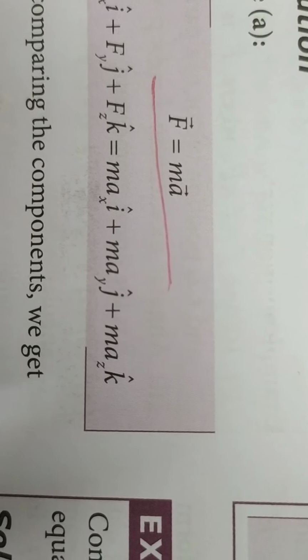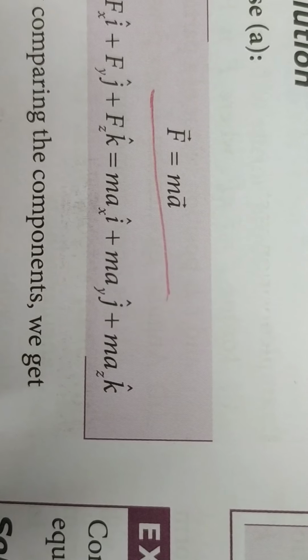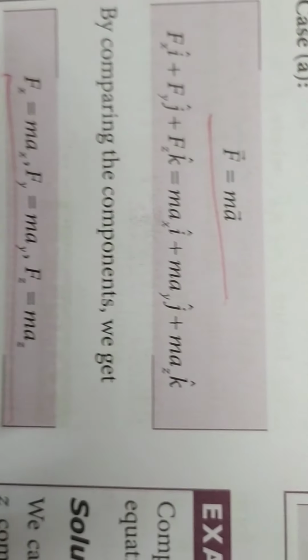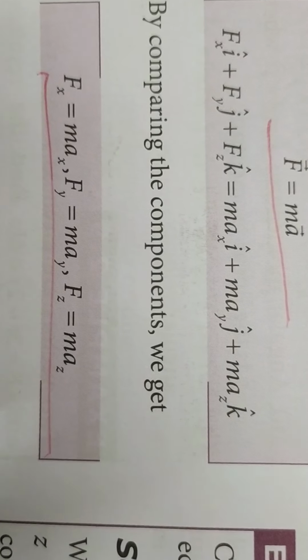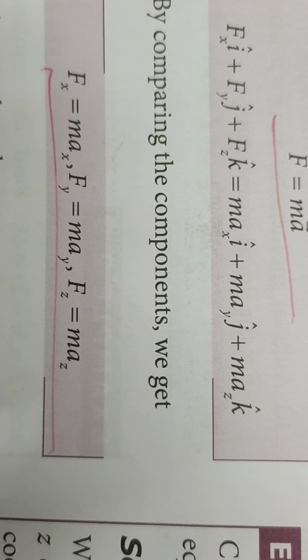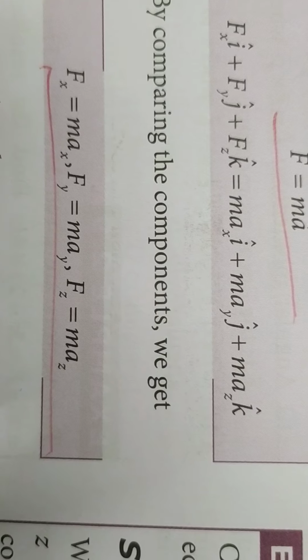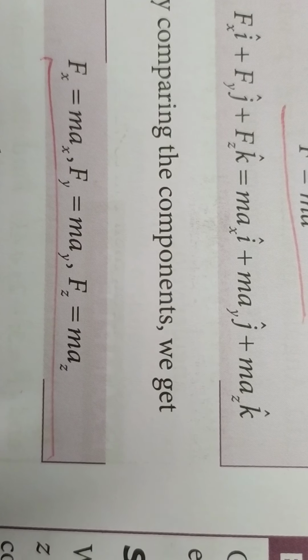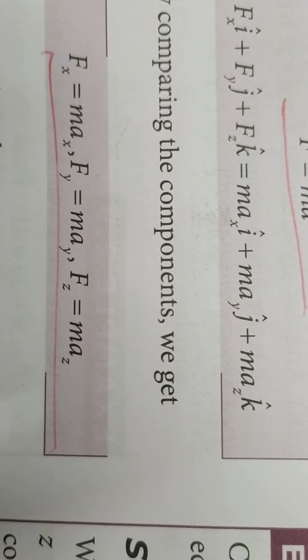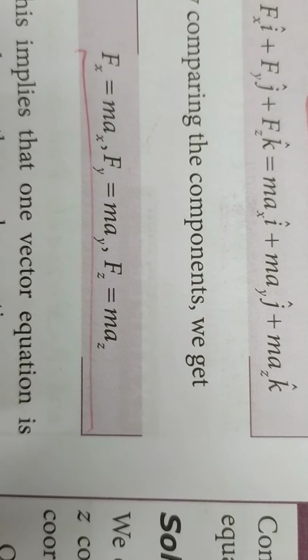So you multiply each and every component by m on the right hand side. Comparing the components of I cap, j cap and k cap, you just leave I cap, j cap, k cap, then equate, and you get fx is equal to m ax, fy is equal to m ay, and fz is equal to m az.